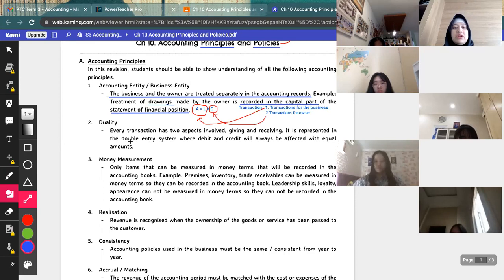Okay. Number 2, duality. Every transaction has two aspects involved, the giving part and the receiving part. It is represented in the double entry system where debit and credit will always be affected with equal amounts.